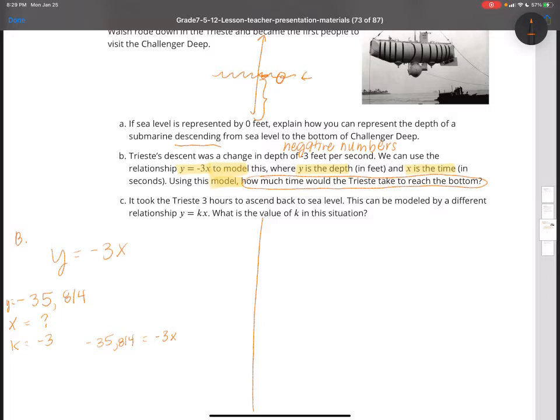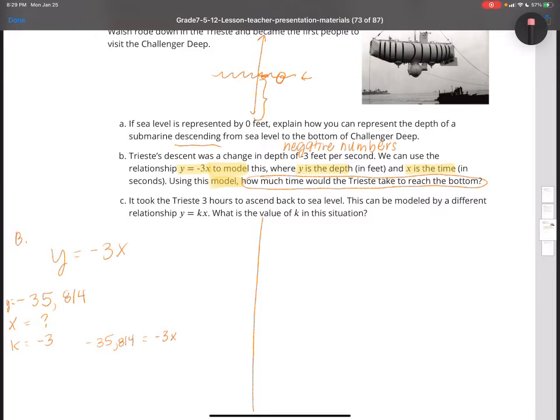So this is now a one-step equation. You should have learned about one-step equations in sixth grade, but if you didn't, the key to solving equations is trying to isolate the variable to figure out what it is. Anytime you see a coefficient next to a variable, it is a symbol of multiplication. I want to isolate this variable.